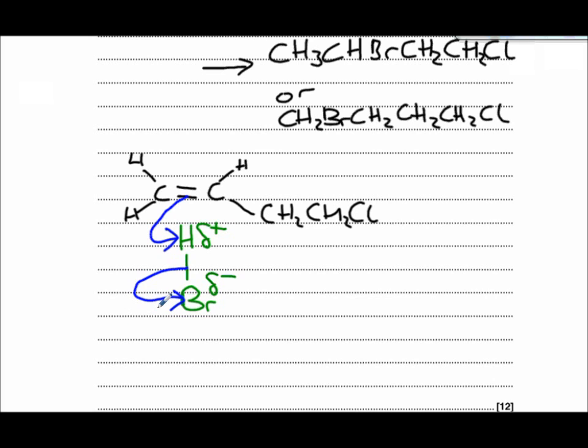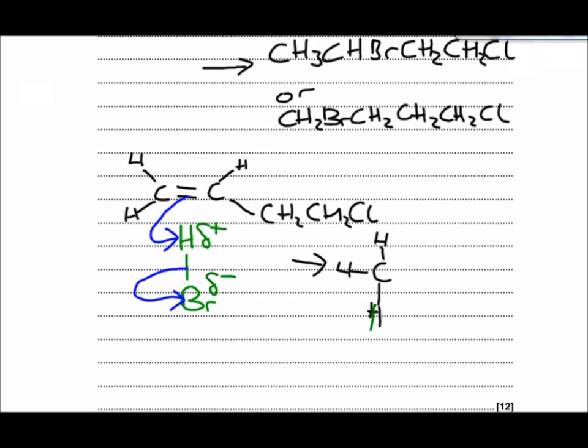So that's the first part of this mechanism. Then this goes to, and I need to draw now my carbocation. Here I'm putting my H on this first C, this new bond from the H is on my first C. So in fact that should be my green H there.